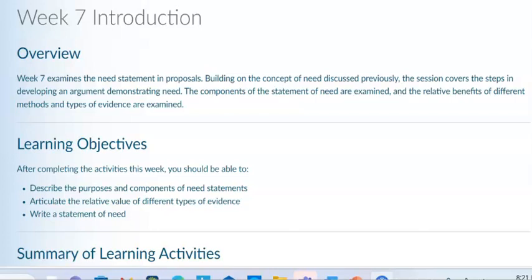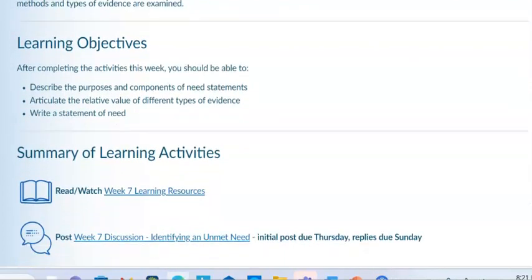The components of the statement of need are examined, and the relative benefits of different methods and types of evidence are examined. So the objectives are to describe the purposes and components of need statements, to articulate the relative value of different types of evidence, and to write a statement of need.